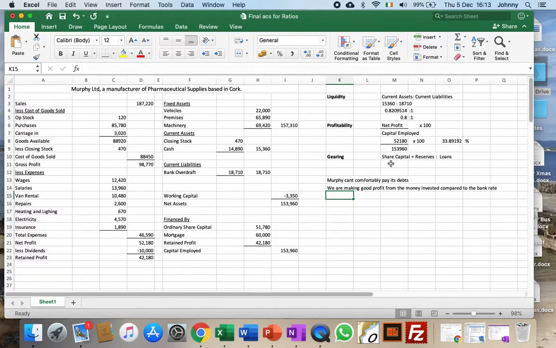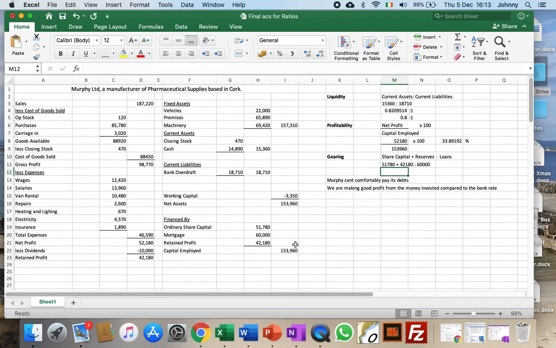Finally, gearing. So we're looking at share capital and reserves. The share capital is 51,780 and the reserves, that's our retained profit, is 42,180. We have that as a ratio to 60,000.